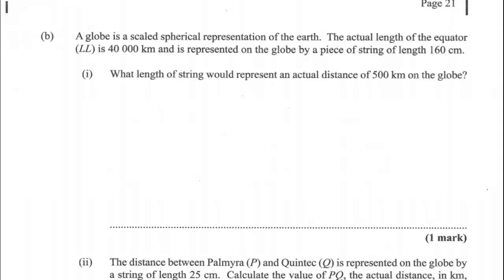A globe is a scaled circle representation of the Earth. The actual length of the equator is 40,000 kilometers and is represented on the globe by a piece of string of length 160 centimeters. So it's a scale problem. String length versus actual distance.